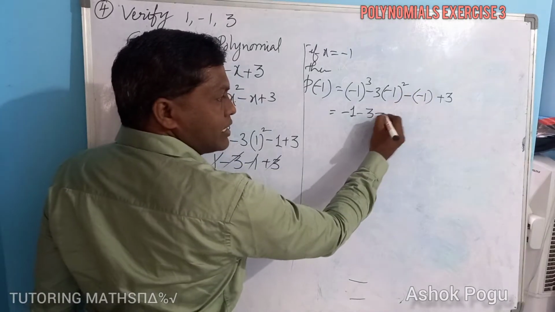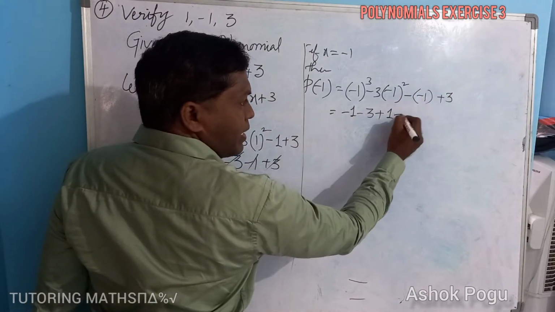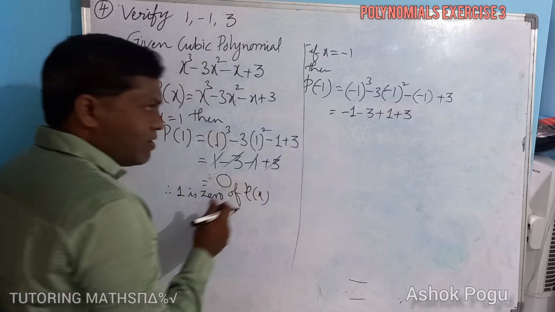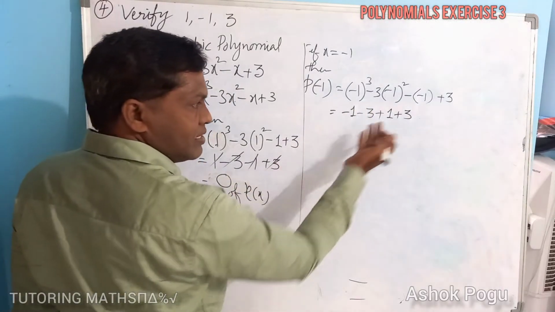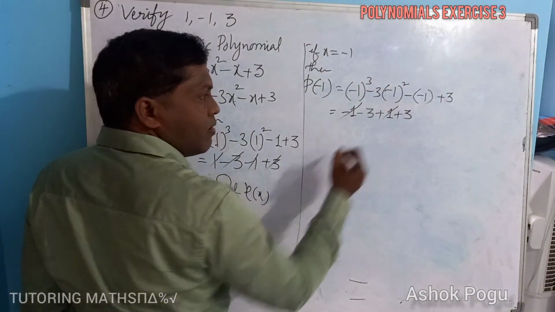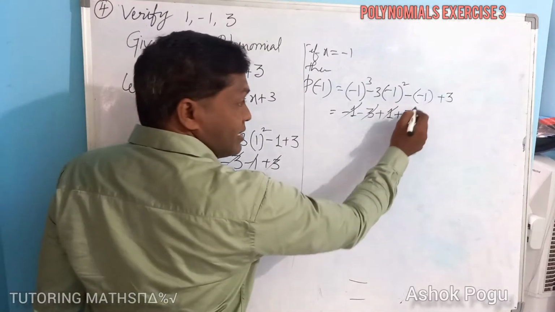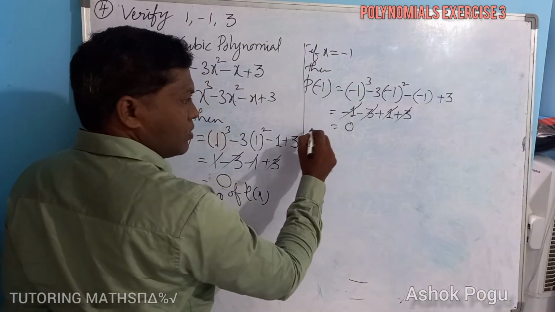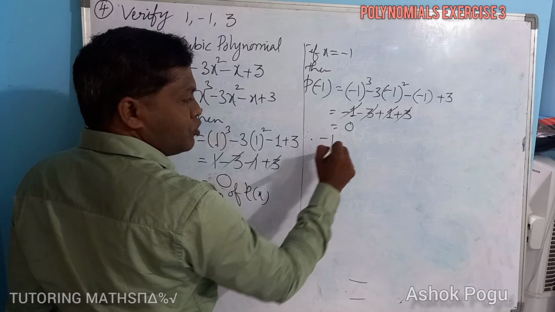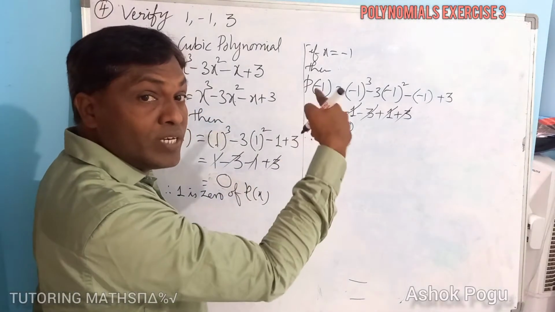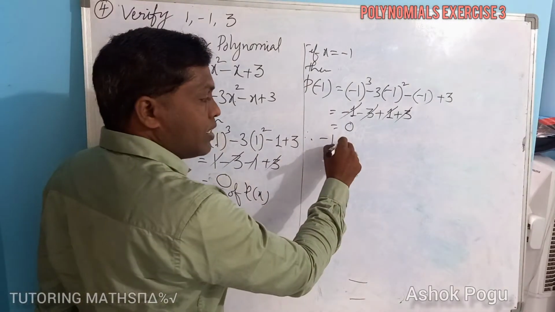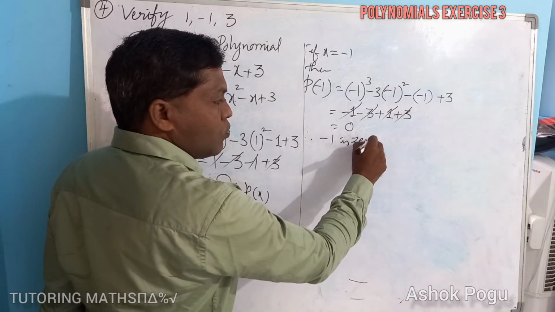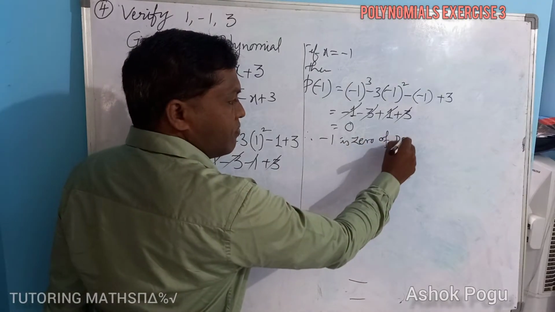And minus into minus is plus 1 and plus 3. Just like the previous question, we got similar values: minus 1 plus 1, minus 3 plus 3, so 0. Therefore, -1 is substituted in the polynomial, so -1 is a zero of p of x.